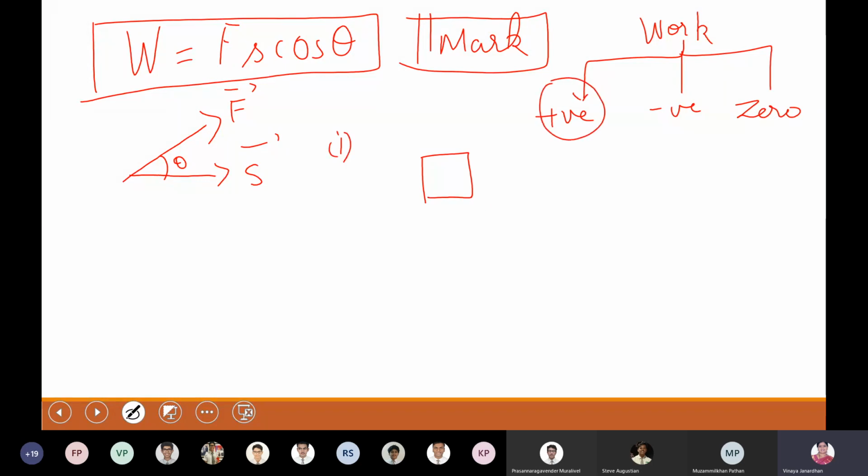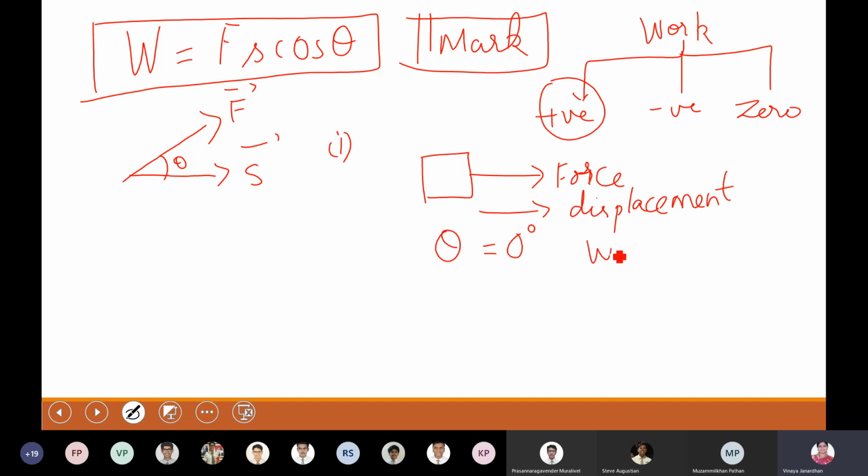If I'm applying a force on a body along the positive x-axis, and the body is undergoing displacement along the same direction, then the angle between the force and the displacement vector is 0 degrees. Then work done is equal to Fs cos 0. So work done will be equal to F into S because cos 0 is equal to 1. So this is called positive work.